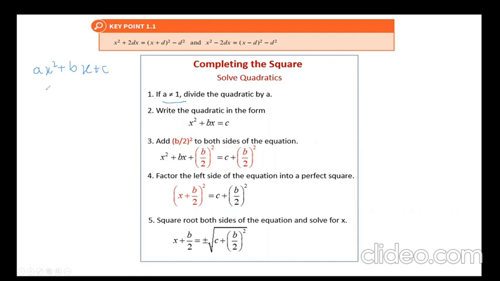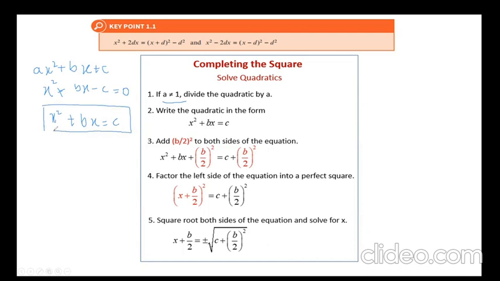By dividing it, x square plus px minus c equals 0. So putting this form in x square plus px equals c.